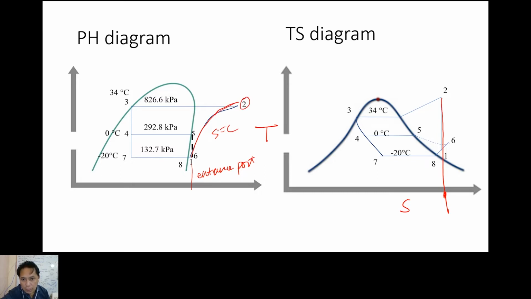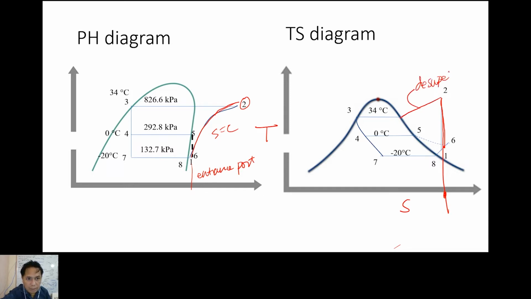Between 1 to 2, the entropy is constant, S equals C. So if you go to the TS, you know that 1 and 2 is constant. So 1 and 2 is a straight line. Now, between 2 and this, it goes down to the saturated vapor because of the superheat.